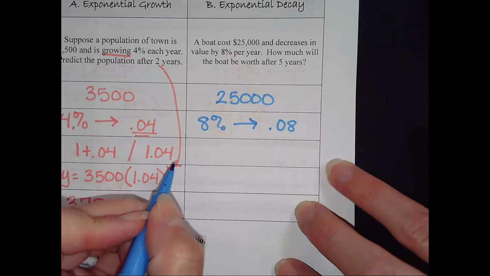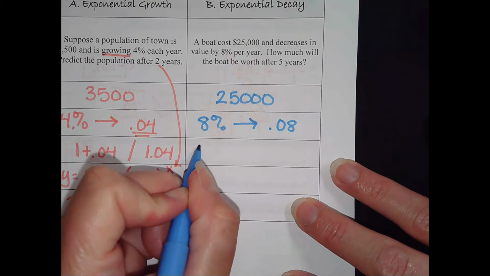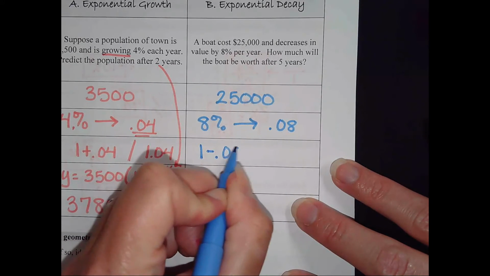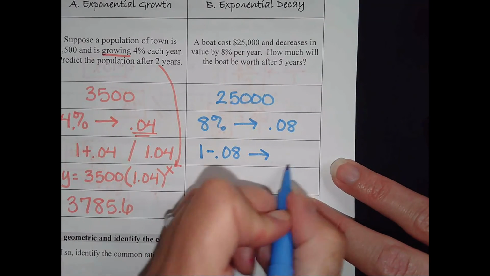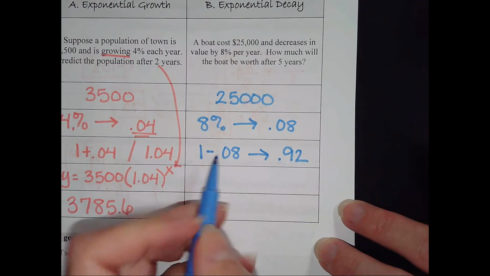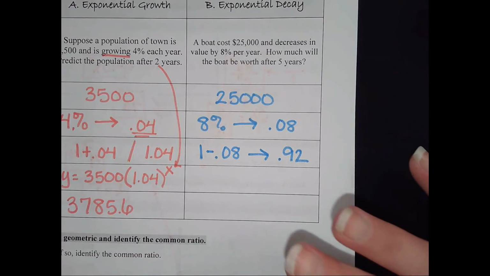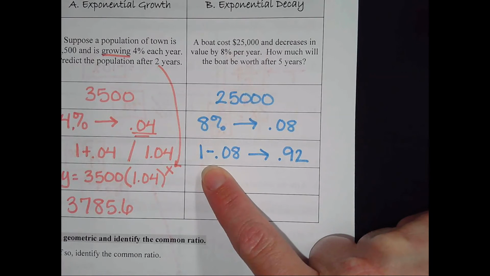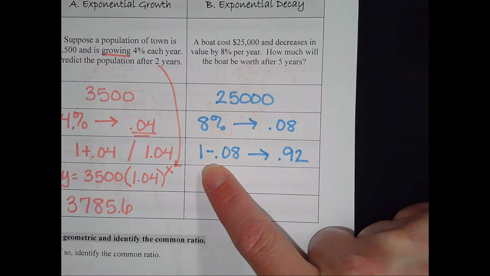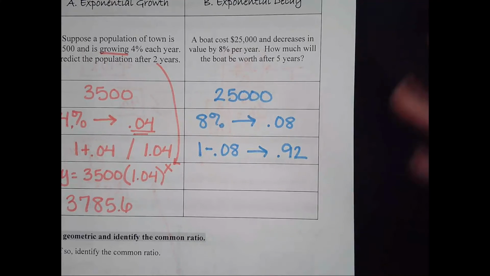So how do we find our B value? 1 minus the 0.08. What is 1 minus 0.08? 0.92. You can plug either one of these in. It doesn't matter. You can either plug in 1 minus 0.08, or do 1 minus 0.08 and get 0.92. It's the same thing.